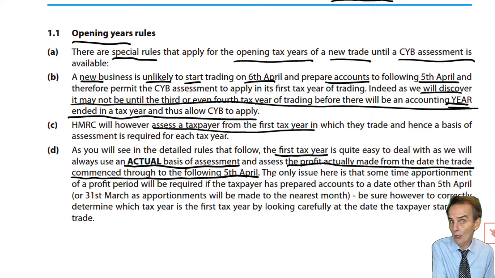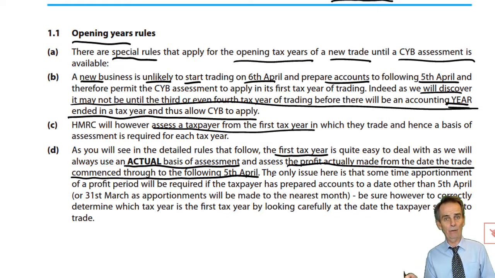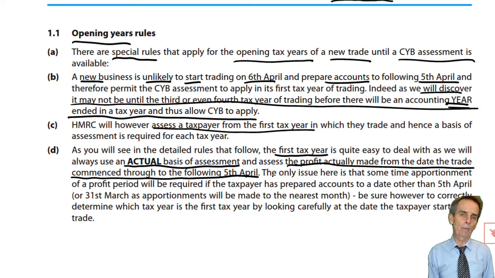It could be you start trading in, obviously, your first tax year, and you prepare accounts for a relatively short period, which actually ends also in that tax year. So you still need actual start date to following 5th of April. So it's all of the opening period of profit plus a bit of the second period of profit. So we're going to have to do apportionments.